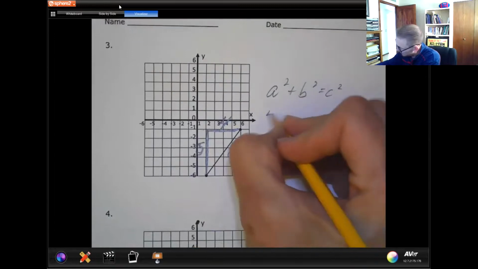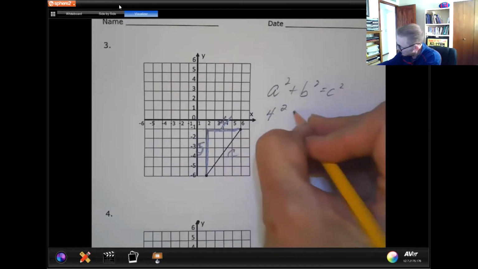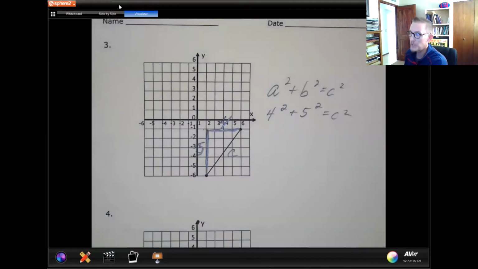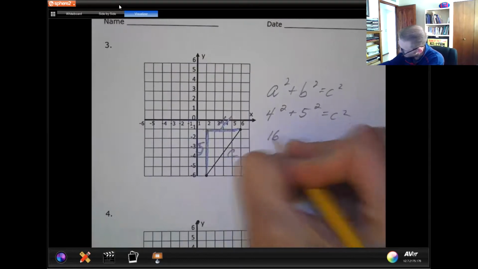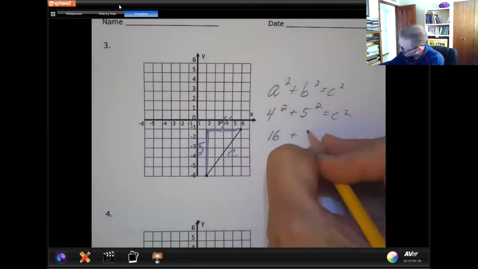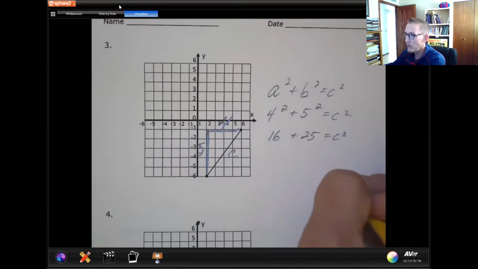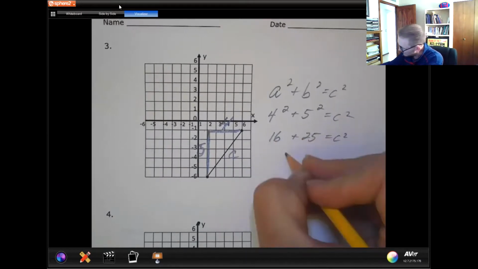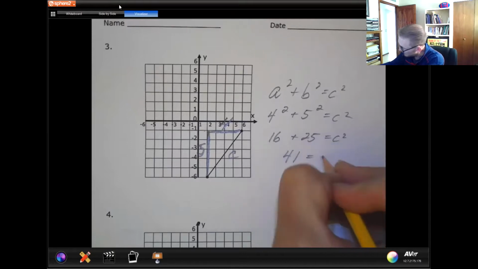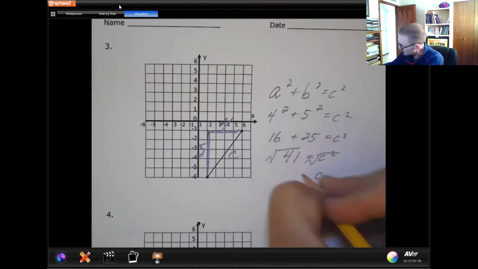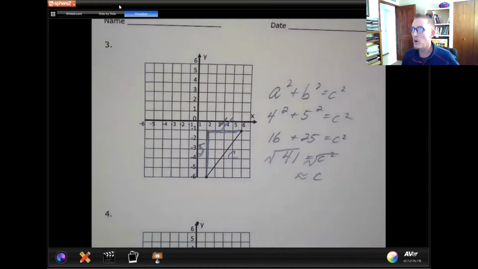So this is 4 squared plus 5 squared equals C squared. 4 squared is 16 plus 5 squared, which is 25, equals C squared. Let's add 16 and 25, which will make 41 equals C squared. And then we're going to take the square root of 41.